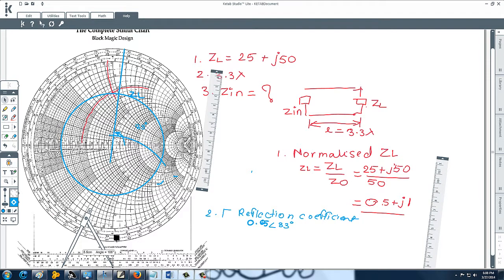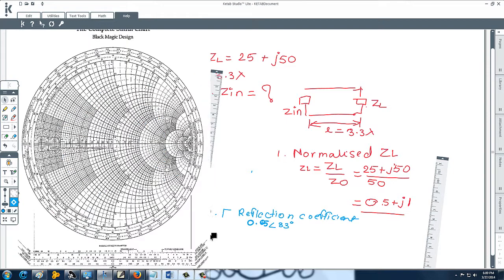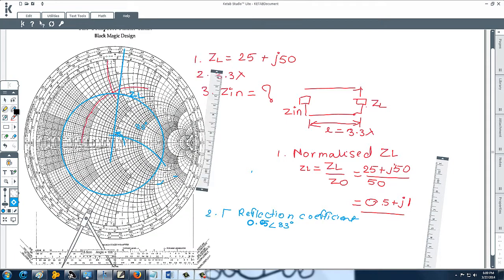So 3.3 lambda means taking a round 6 times, which gives 3 lambda.